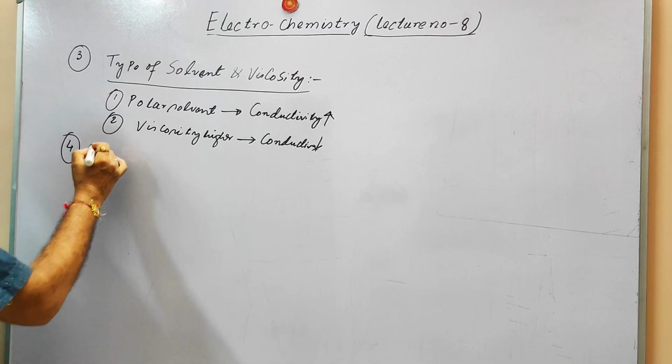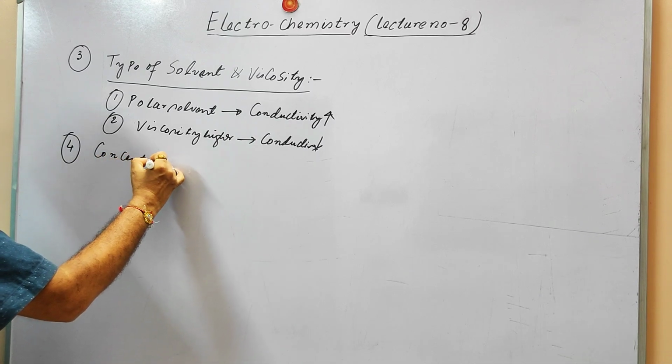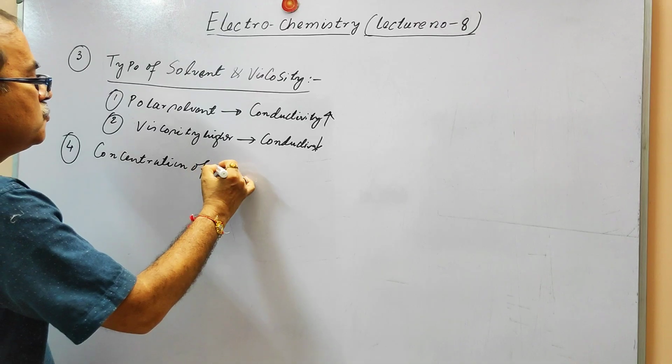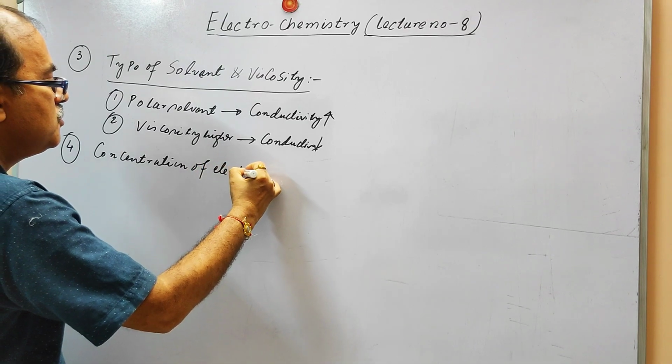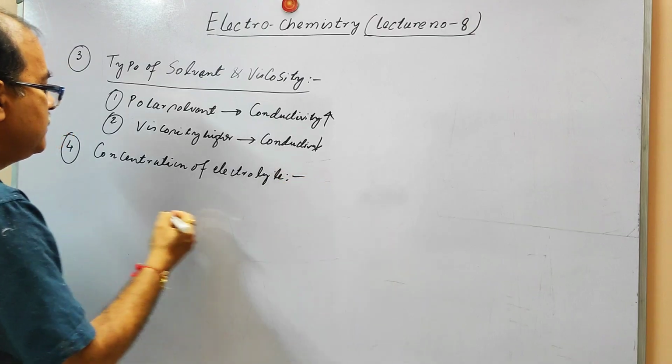Fifth factor, a very important factor which we will discuss in detail afterwards, that is the concentration of the electrolyte. Concentration of the electrolyte is one of the basic, very important things.